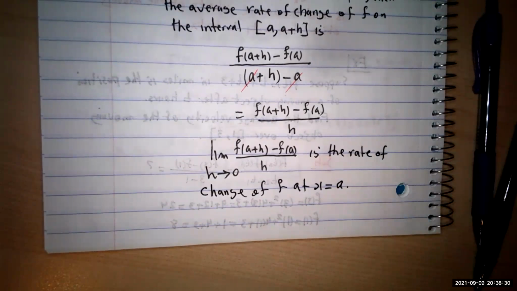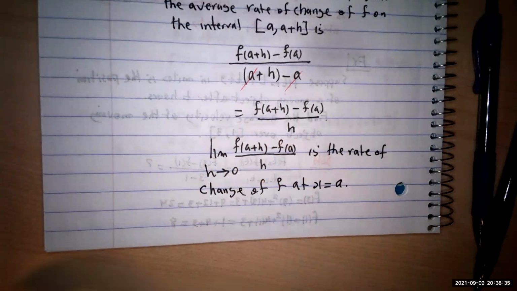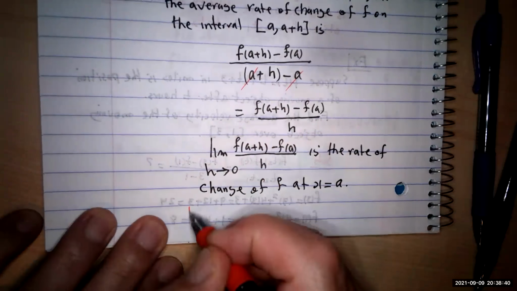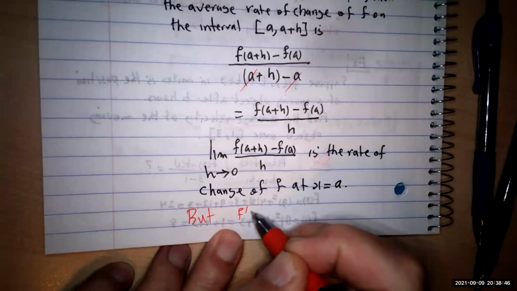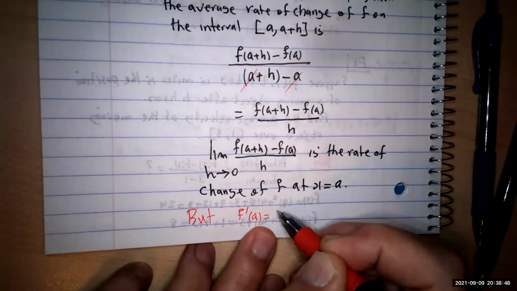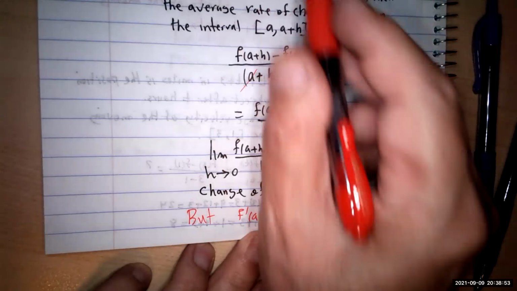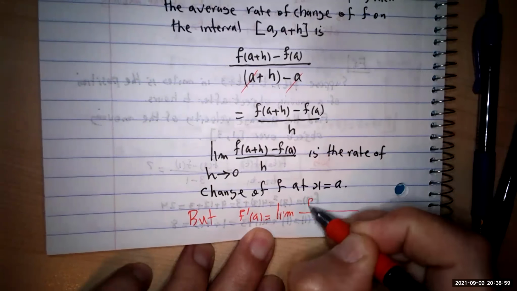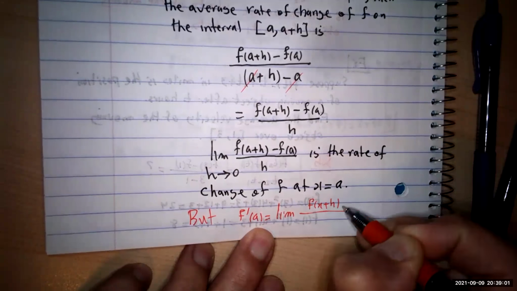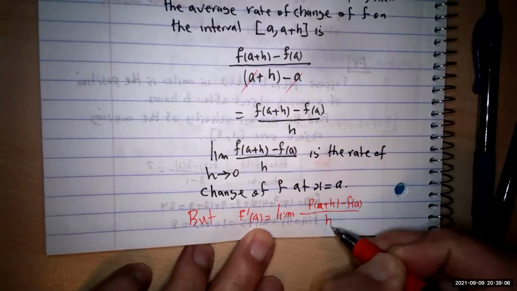But remember, it's the same thing. This is the slope of a secant line. When we take the limit, that gives you the slope of a tangent line. We know that this limit is just f prime of a. f prime of a is equal to the limit of f of a plus h minus f of a divided by h.